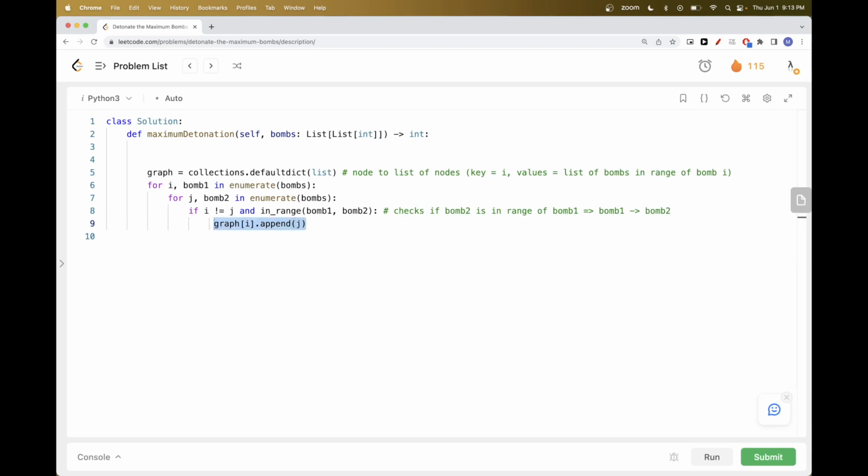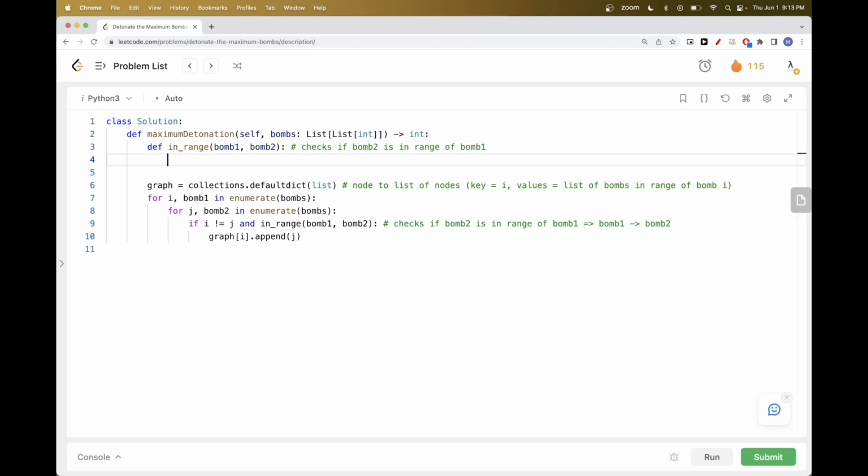And it's directed, so we shouldn't do graph[j].append(i), because it's directed. So now we need to implement this function that we discussed, which checks if one bomb is in the range of another one. Okay, so let's just put this again, just to make sure we remember it.